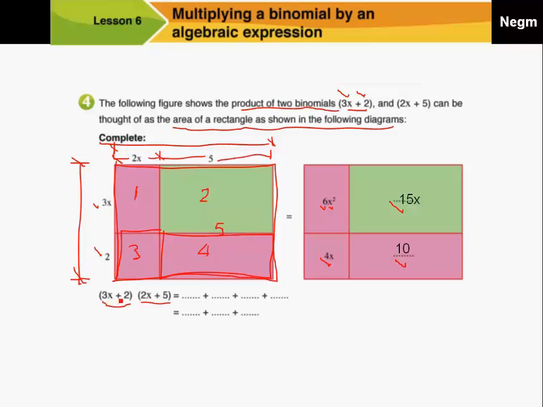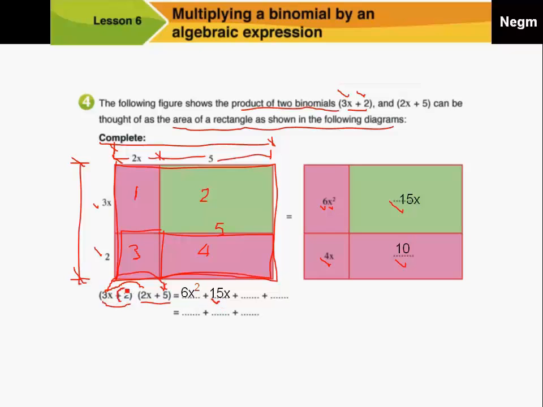Here, 3x plus 2 times 2x plus 5 is equal to 3x times 2x, which gives 6x squared, plus 3x multiplied by 5, which gives 15x.